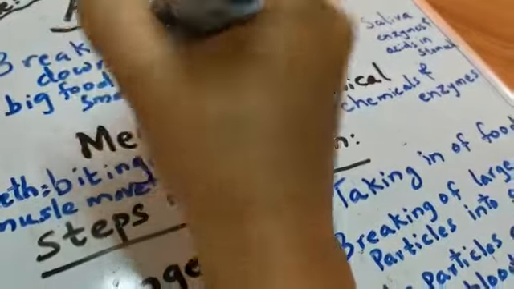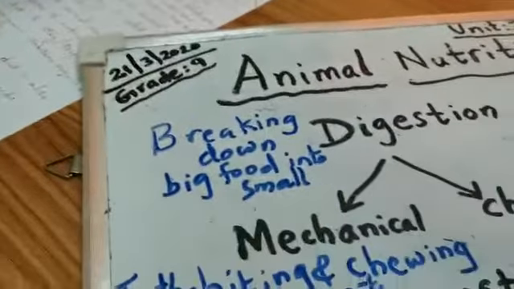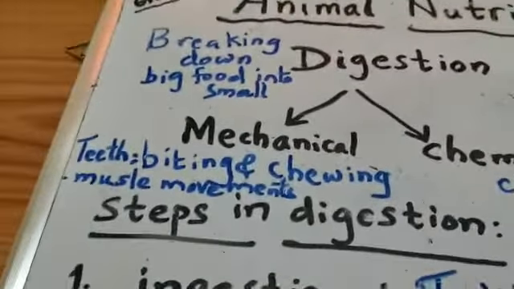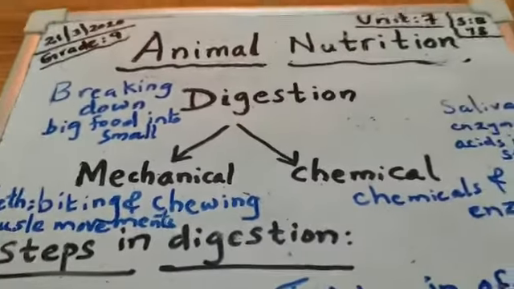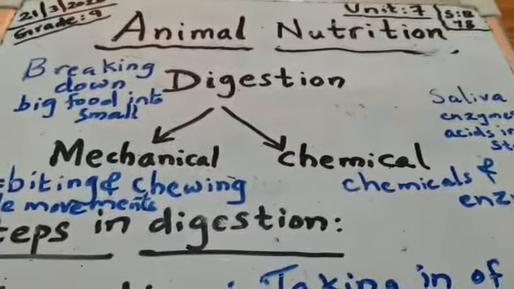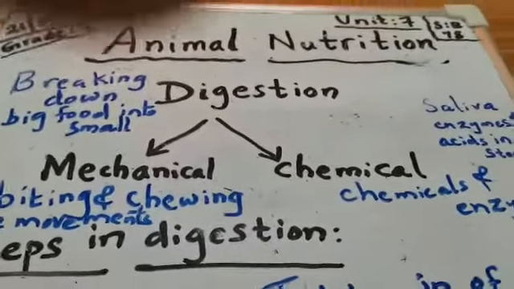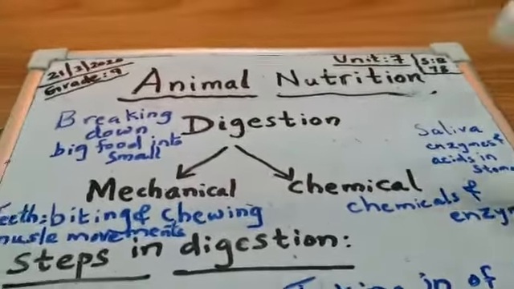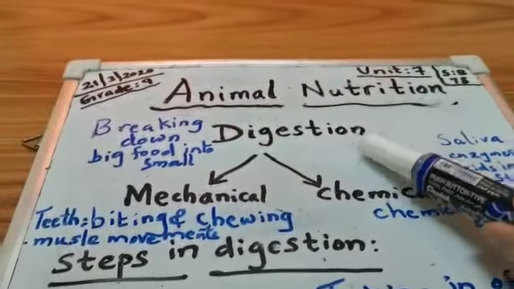That's called digestion. What is the definition of digestion? Breaking down of big food particles that you eat into the small particles. Breaking of food particles into smaller pieces, that process is called digestion.